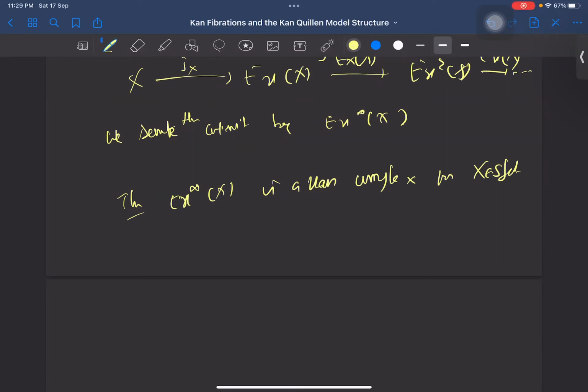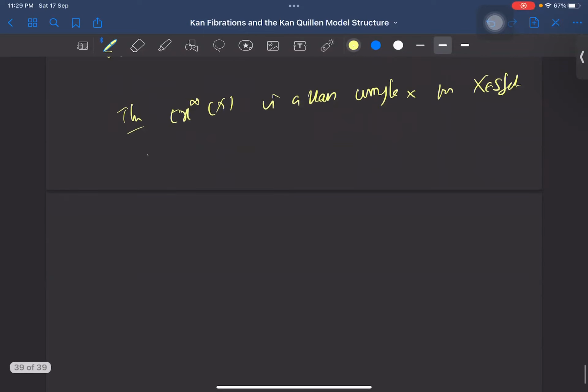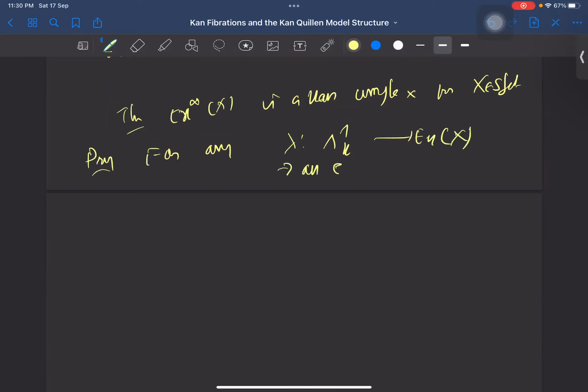Now a crucial result. Let me call this lambda: we have a map from the kth horn to X, so there exists an extension.